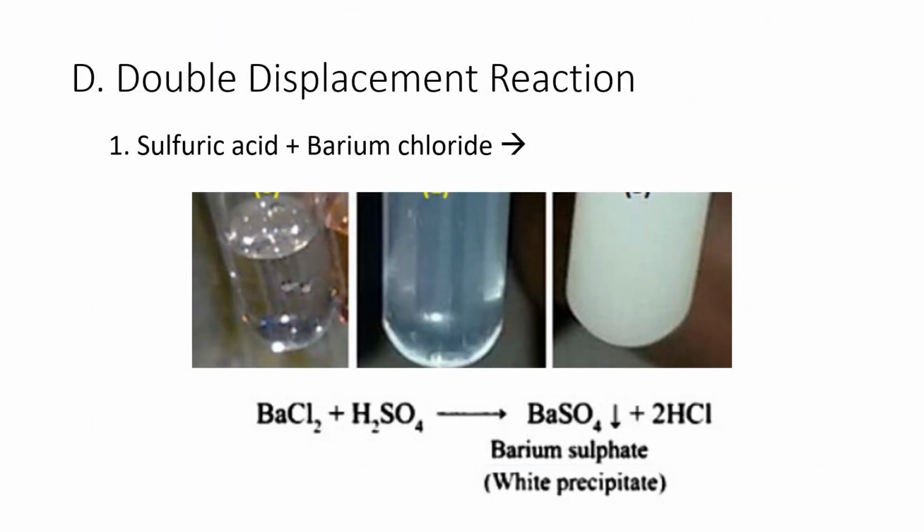Okay, dito sa double displacement reaction, we observe formation of precipitates. We carried out 3 double displacement reactions. And the first one involves sulfuric acid and barium chloride. When barium chloride is added to sulfuric acid, which is initially a colorless solution, magpuputi siya.